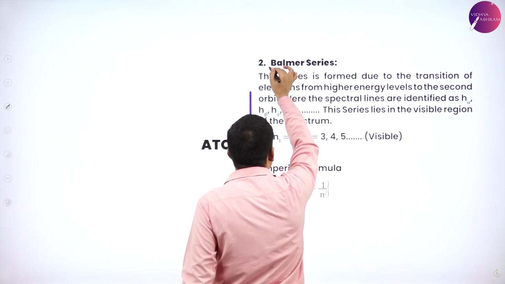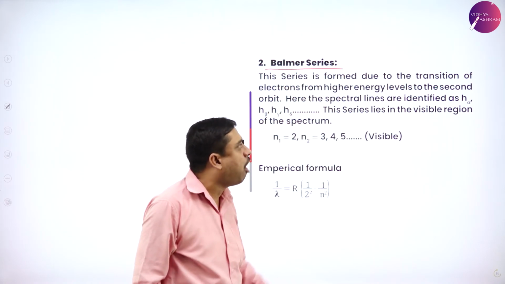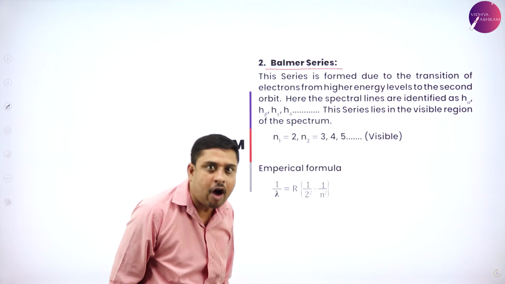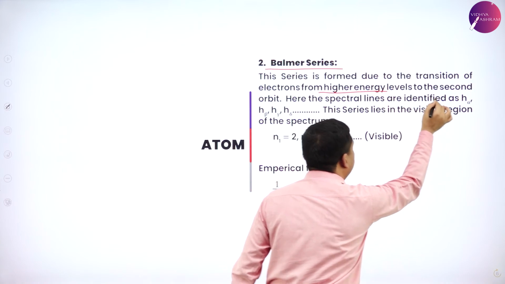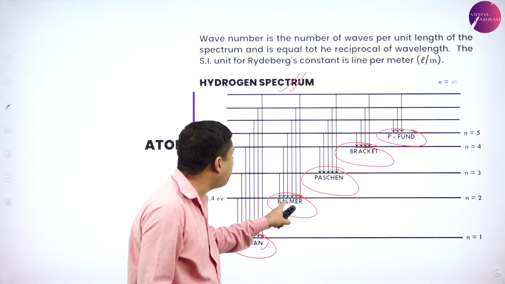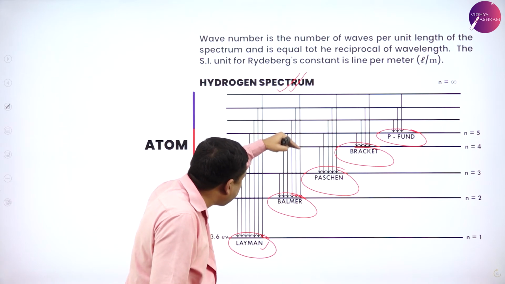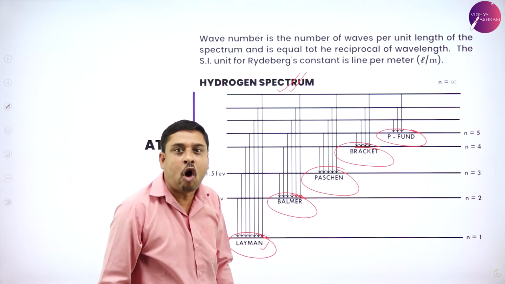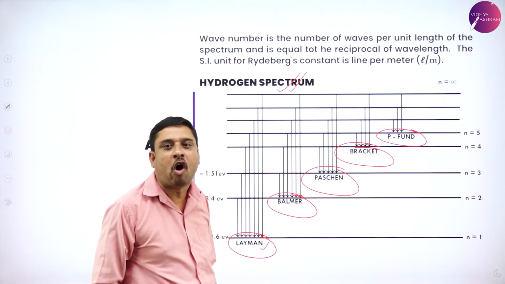Next one, Balmer series. This series is formed due to the transition of electrons from all higher energy levels to the second orbit. So very clearly you see Balmer, from all higher energy levels, the transition is happening to the second orbit.